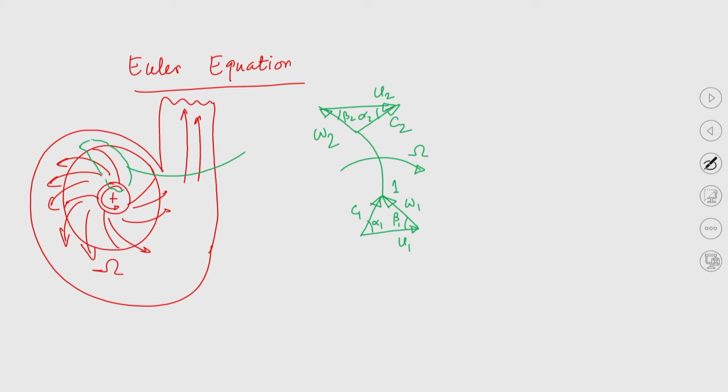So, we have drawn the velocity triangles at the inlet and outlet.